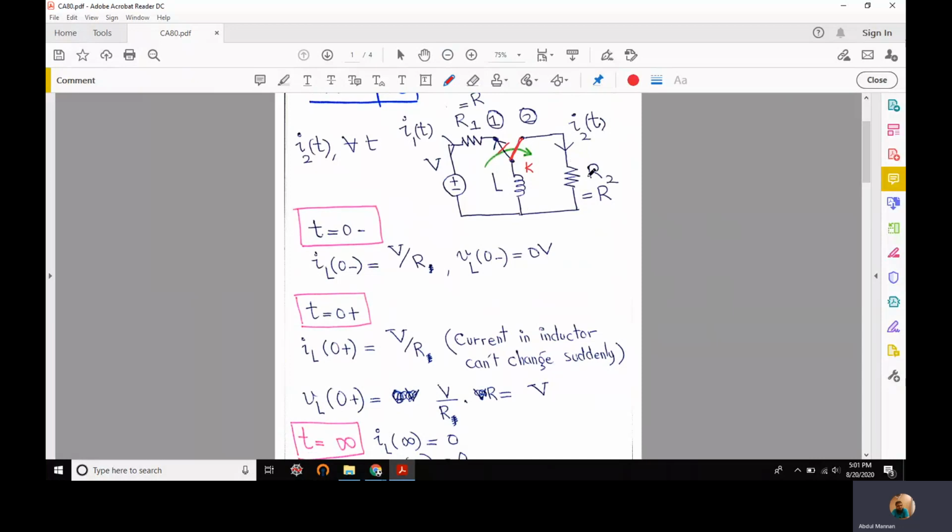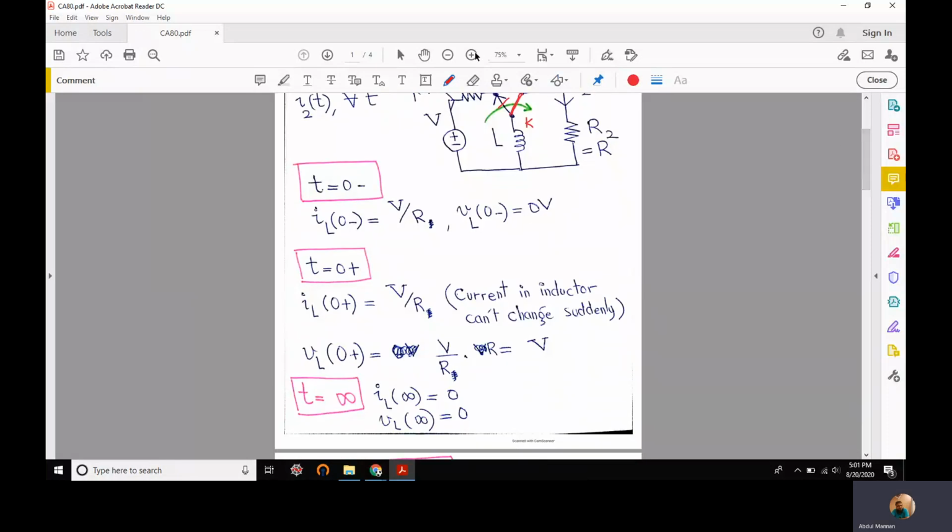And that voltage drop across R2 is the current at which this inductor is charged, multiplied by the resistance R, which is V over R times R. So it is V. V is the voltage drop across this resistor R2 and across this inductor at time t equal to 0 plus.